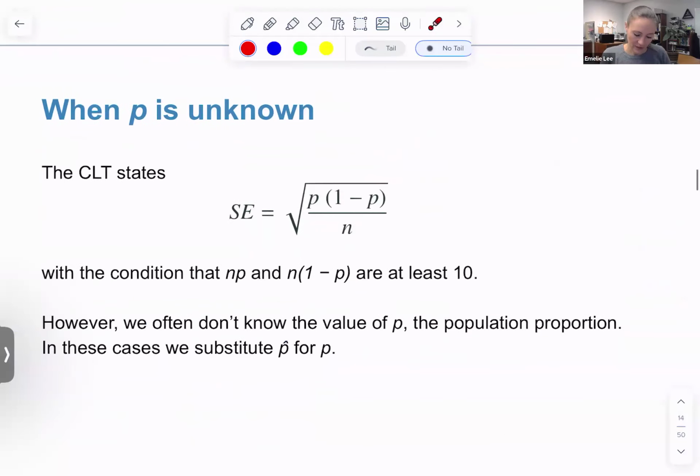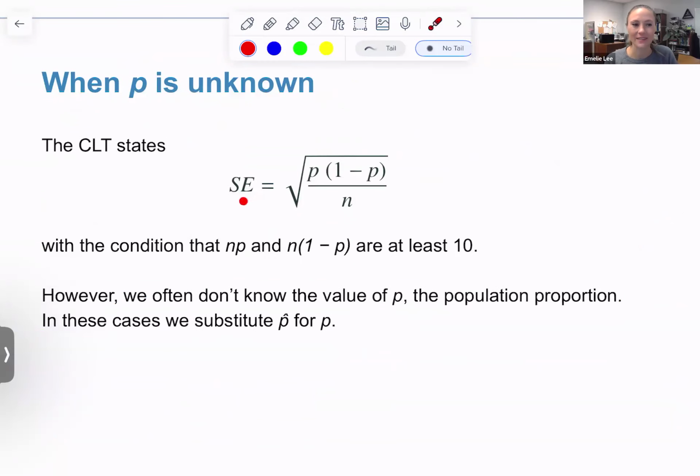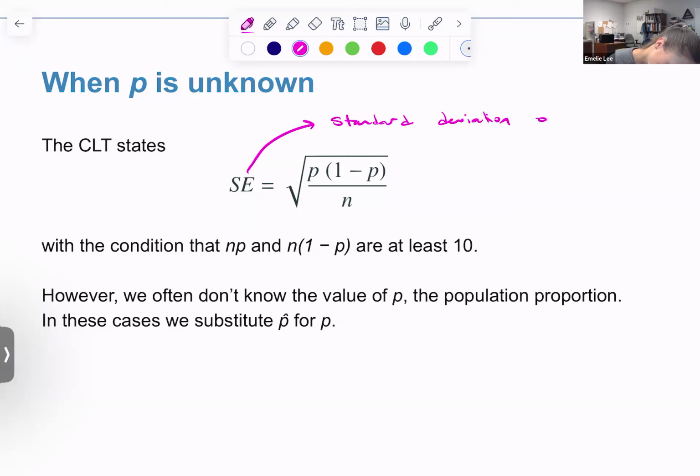So, when p is unknown, we said that the standard error, which is the spread, or really the standard deviation of p hat, is technically relying on p. Now, the problem is we don't know p, just like when we were checking the conditions, the sample size or the normality condition.